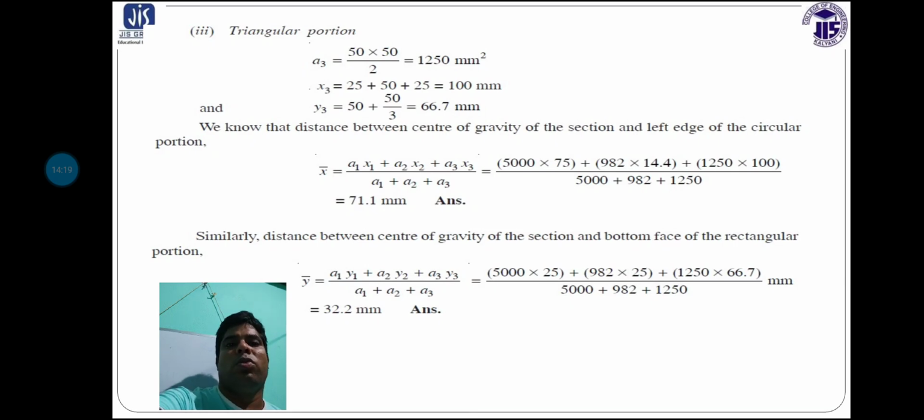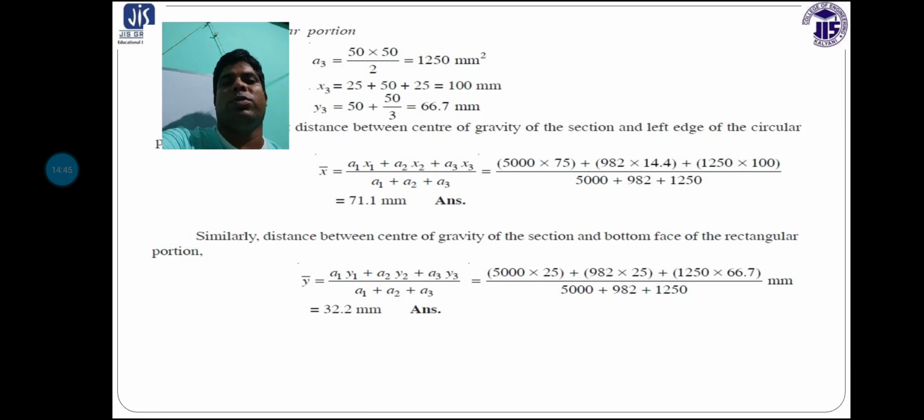Now we know that the distance between the center of gravity of the section and the left edge of the circular portion, so x bar, is equal to (x1 A1 plus x2 A2 plus x3 A3) whole by (A1 plus A2 plus A3). And now after putting in all the values, we get x bar is equal to 71.1 millimeter.